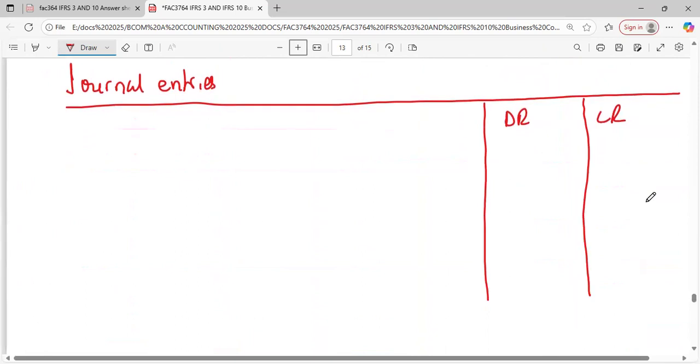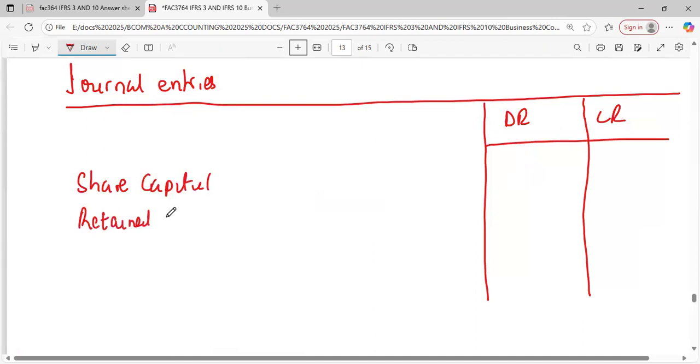So which means you are now going to eliminate the share capital. Remember, share capital is a credit balance. So when you eliminate it, it means you are going to have a debit balance. So we're going to have retained earning, and who else?